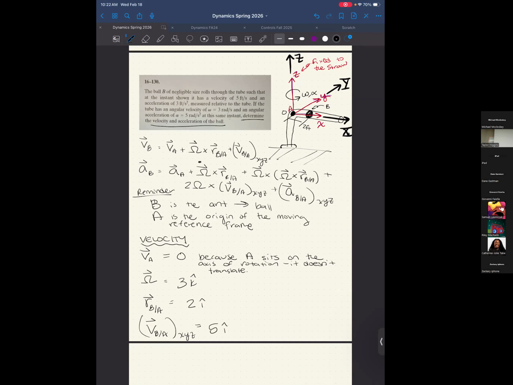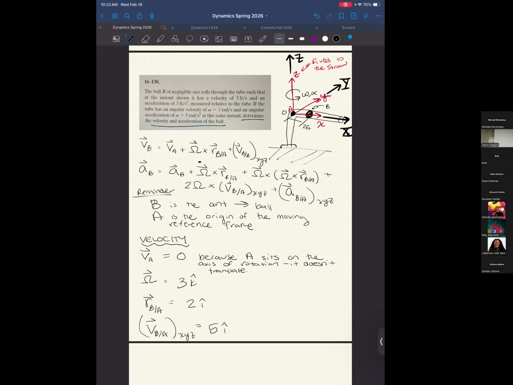I'm going to stress something that I didn't stress in class because it gets very confusing. Notice that I wrote all of these in terms of little coordinate directions, little x, little y, little z. I could have written them in big X, big Y, big Z, and it would have been equivalently correct.